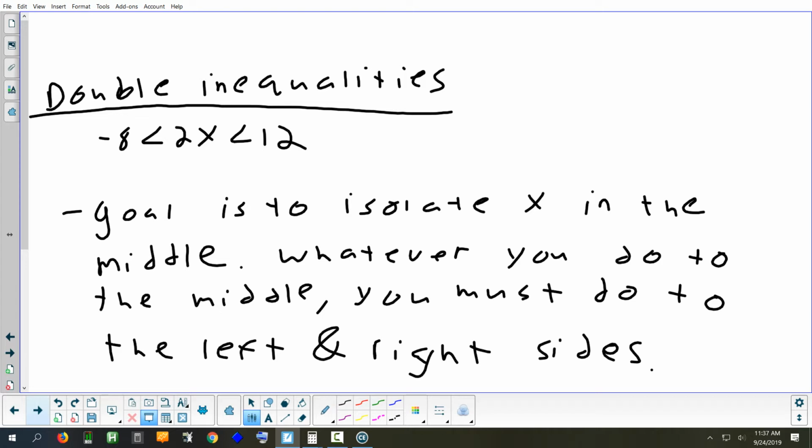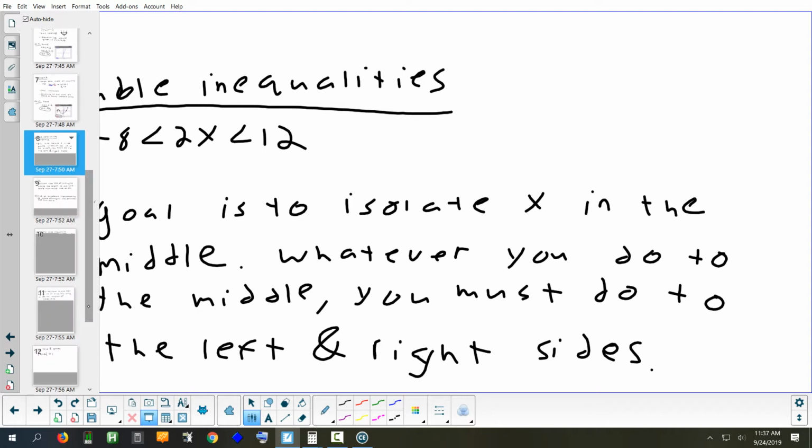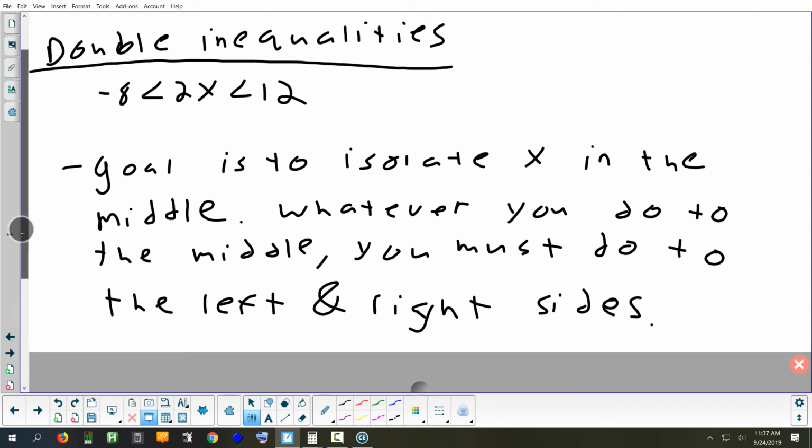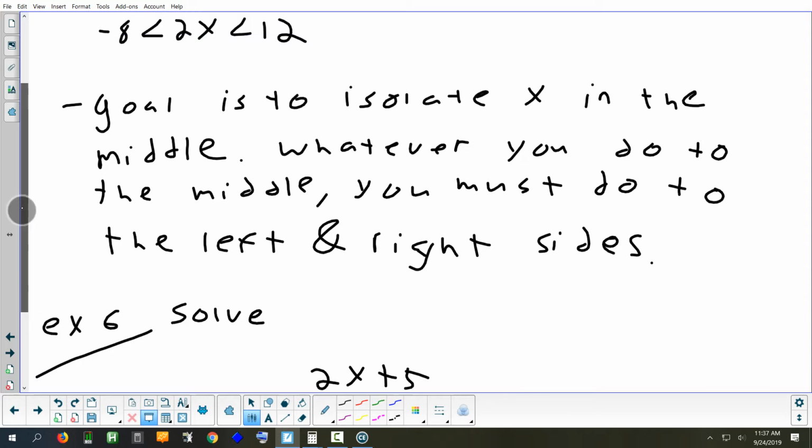Do it in all 3. Same rules apply if you multiply or divide by a negative. Still going to flip inequalities. Alright, so I'm not actually going to solve that one. I'm going to do a little different one.